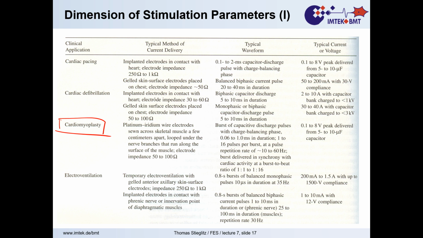Electroventilation was another of those stories that is a very successful one if patients use it, but there's only one company left who sells the devices, since anesthesiologists are really good at putting tubes into our windpipe, and they're good at controlling ventilation, and they're not that good in electrical engineering.